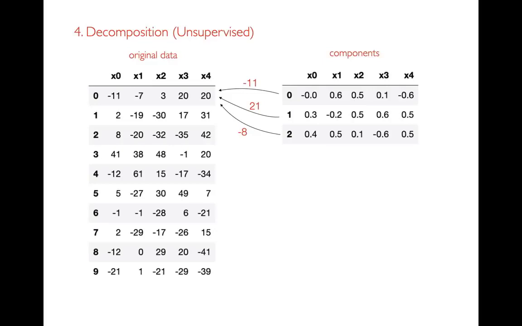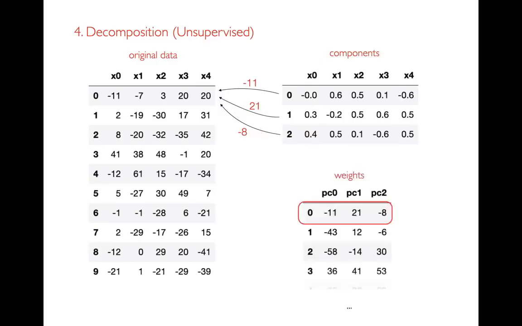So I have that here, and I have these numbers here. What we'll generally do when mixing these components to create a row is put these numbers in another table down here. This will be a table of all my weights, or maybe my principal component scores. So I'll put -11 here, 21 here, and then -8 here.